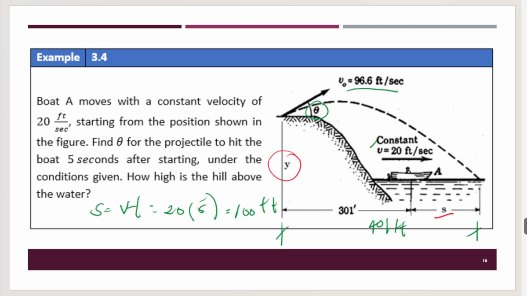But this time, yung X natin from this illustration, mukhang that is, gamit yung ating theta. So, X is equal to Vox multiplied by cosine theta T. So, since given na sa atin yung ating X distance na 401 is equal to Vox, ano nga ulit yun binigay sa illustration? 96.6 feet per second multiplied by cosine theta multiplied by time na 5 seconds.